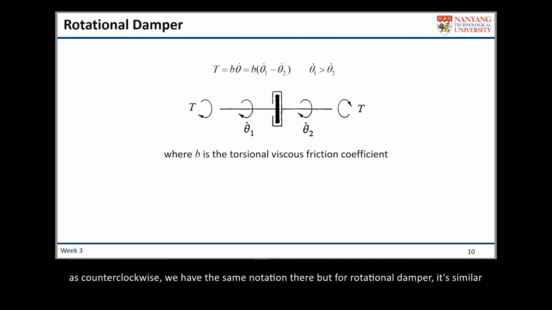For the rotational damper, it's similar to the translational damper. The torque applied to this damper is not proportional to the deformation, but instead is proportional to the relative rate of deformation.